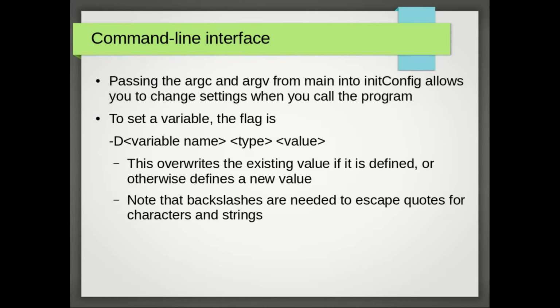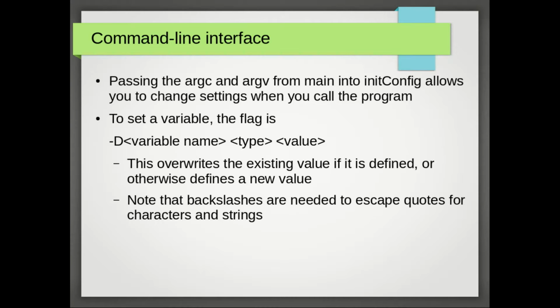And the command line interface for setting values for debugging or testing purposes is also fairly straightforward. To use it, you have to pass the argc and argv into the function call when you initialize the library.